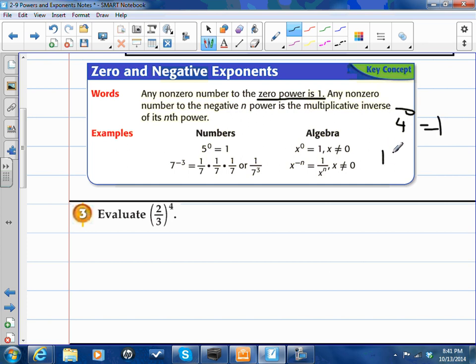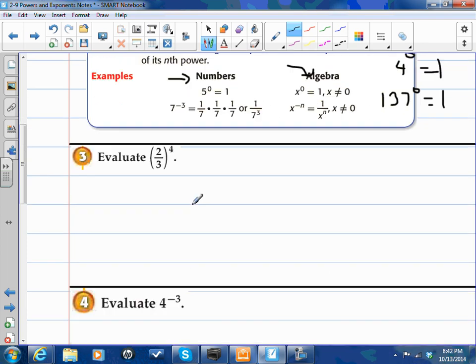It could be 137 to the 0 power, and that's also going to be 1. Any non-zero number to the power of 0 is going to have a product of 1. And you can see that all in numbers or in algebra right here.